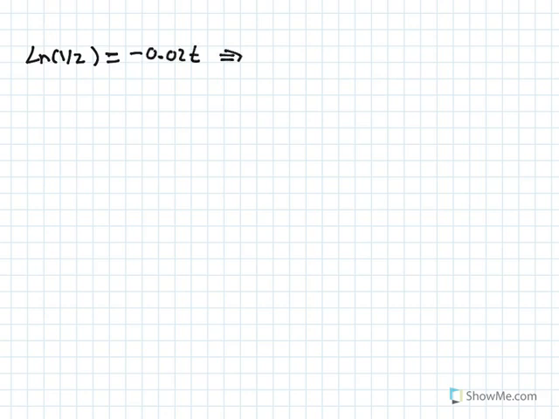Let's isolate for t. T is equal to, divide both sides by negative 0.02, log of 1/2 divided by minus 0.02.